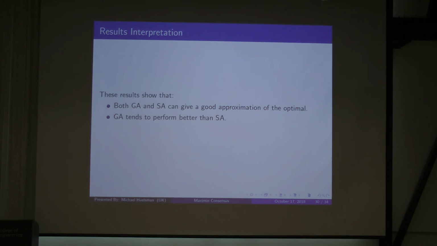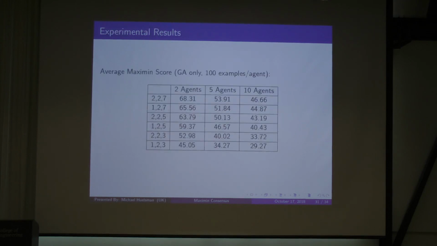Now, if we focus in on the genetic algorithm and take a look at how it evolves, we've got 2 agents, 5 agents, and 10 agents. We still have 100 examples per agent, but we're only looking at the genetic algorithm in this case. And so, as our model gets more and more complex, this is disjuncts, this is literals, and this is ranks. As we get more and more ranks, we get better and better scores.